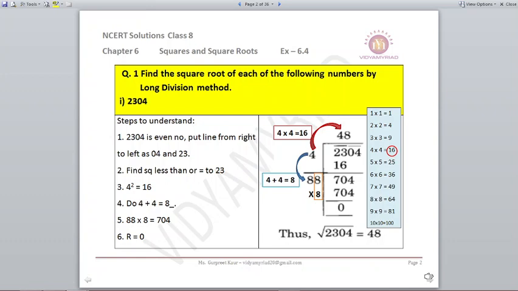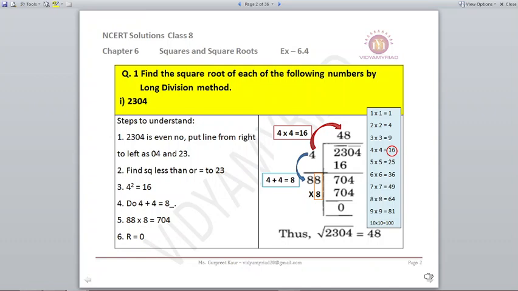The number given is 2304. Now first of all, as per the rules, we know that it is an even number and we have to put line on the pairs from the left hand side. That means I will put line on 04 and 23. So there are two pairs in this. I will start with 23. So I need to find out which square is near or equal to 23.